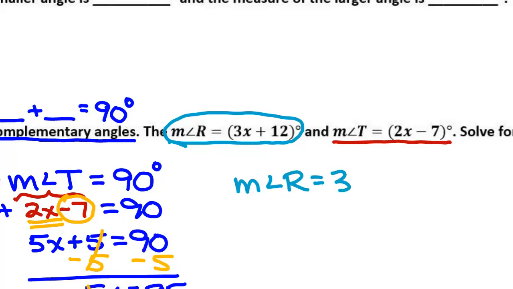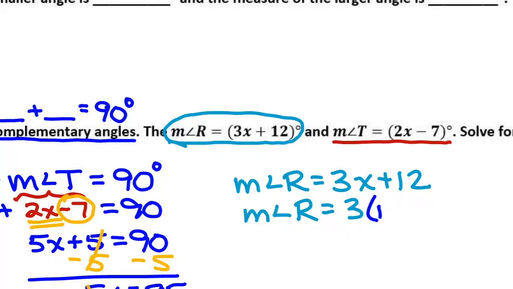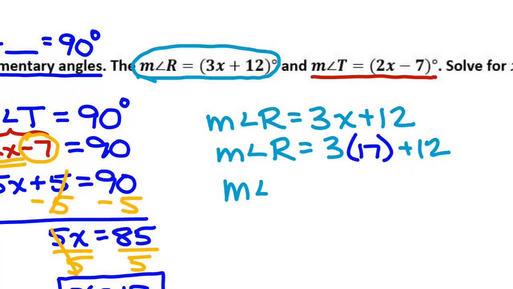So the measurement of angle R is 3x plus 12. We just figured out that x is 17, so I have 3 times 17 plus 12. What is 3 times 17 plus 12? 63. So the measurement of angle R is 63 degrees.